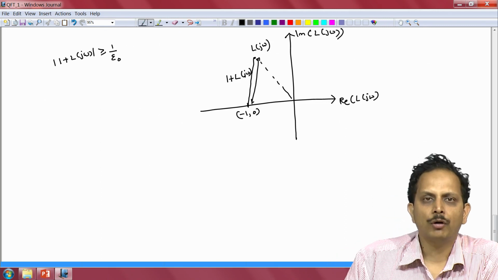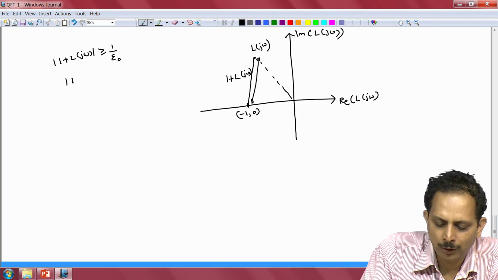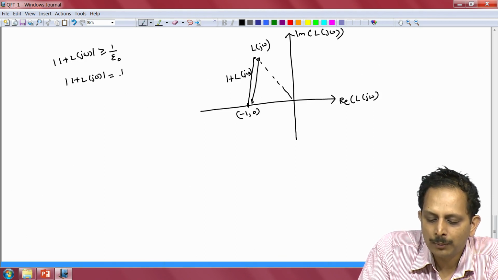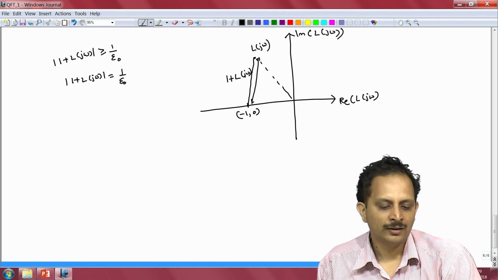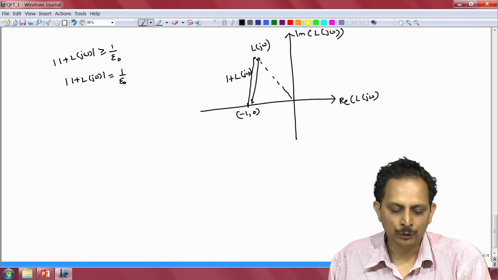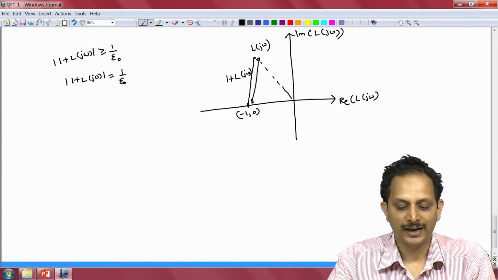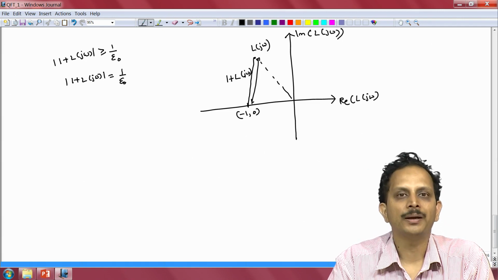Now let us first focus on the equation. Magnitude of 1 plus L of j omega is equal to 1 by epsilon naught. Now for this equation we know that the magnitude of this complex number 1 plus L has to be a constant equal to 1 by epsilon naught.